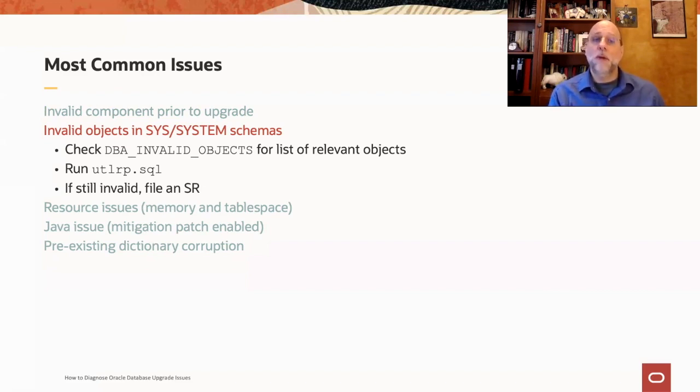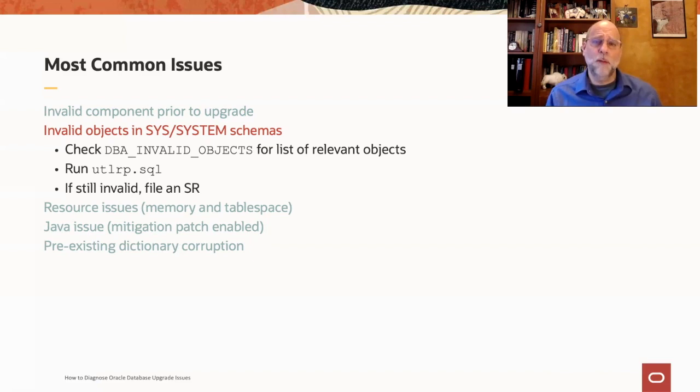And upgrade's fine with application objects being invalid as well. But you can think of the system and sys schemas as being the upgrade application schema. If there are invalid objects in sys or system, that is almost always going to be a problem for the database upgrade. So we want those fixed before the upgrade.